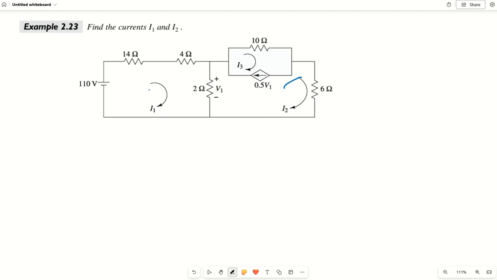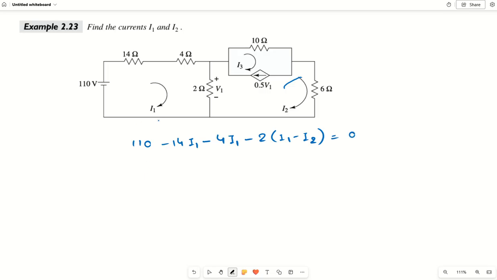In the first loop there is no issue, we can directly write the equation: 110 minus 14 times I1, minus 4 times I1, minus 2 times (I1 minus I2) equals 0.